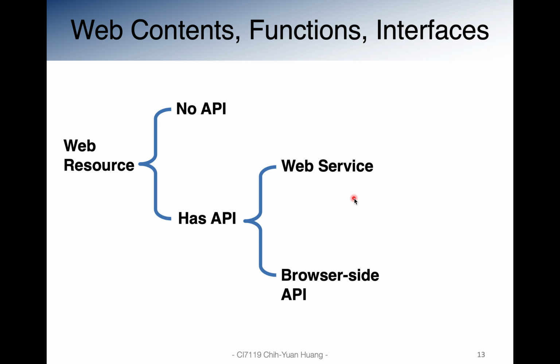So this is one type of API, and the other type of API is the browser-side API. Basically that means the web resource directly provides you a certain library, and that library allows you to be included into your application.